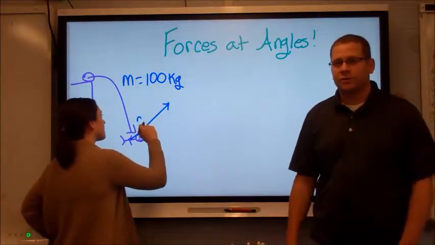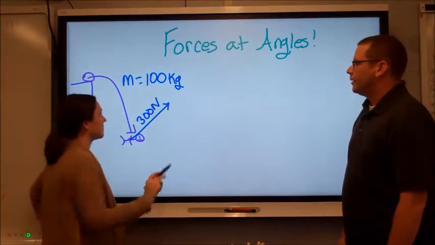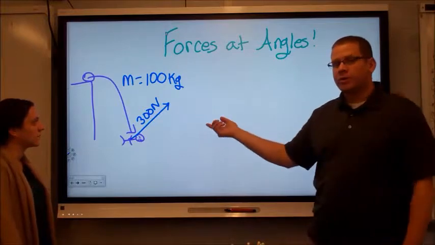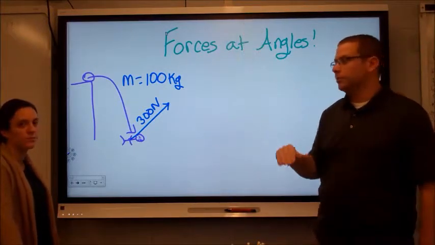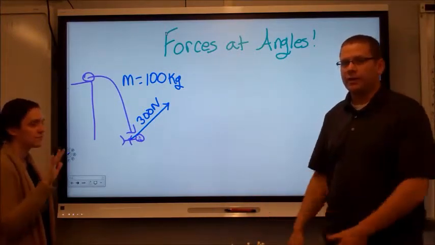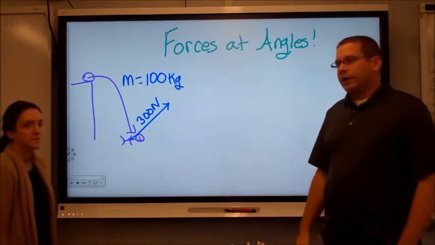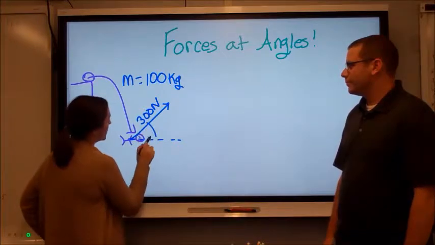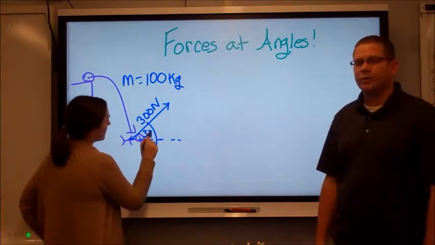Pull with 300 newtons. Now, that's 300 newtons at some angle, just like our projectile motion rocket problem. So let's say we're pulling at an angle of 37 degrees. That's a weird number, but I know.